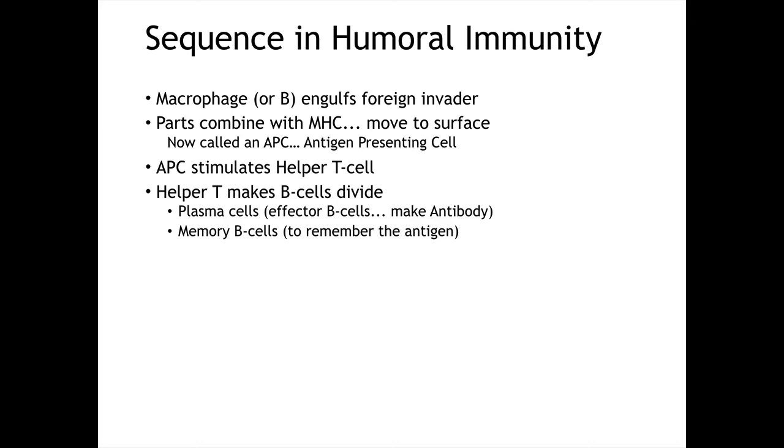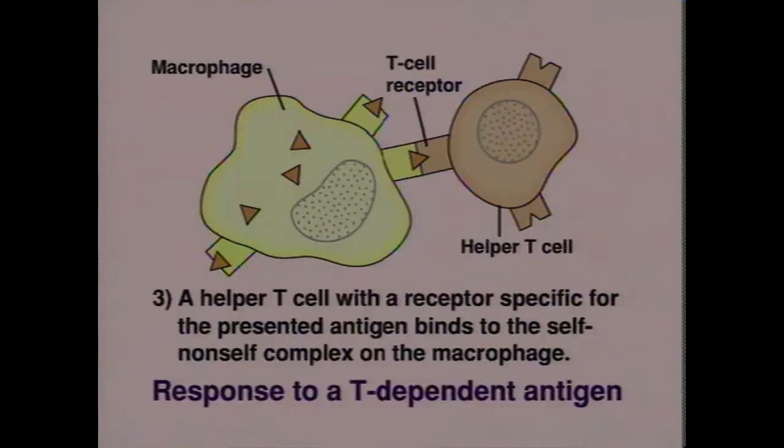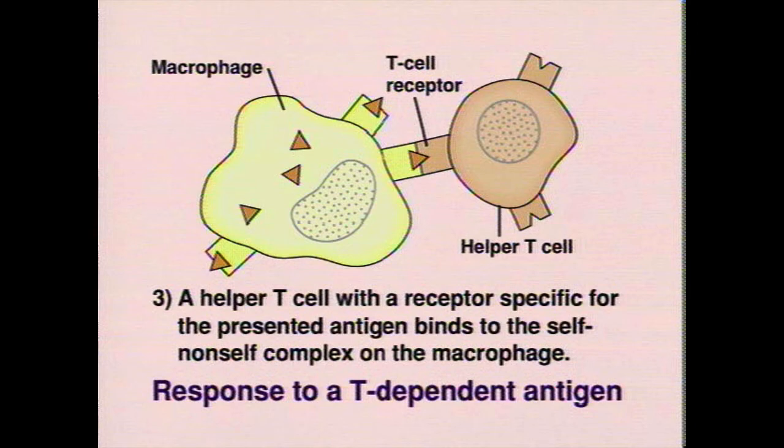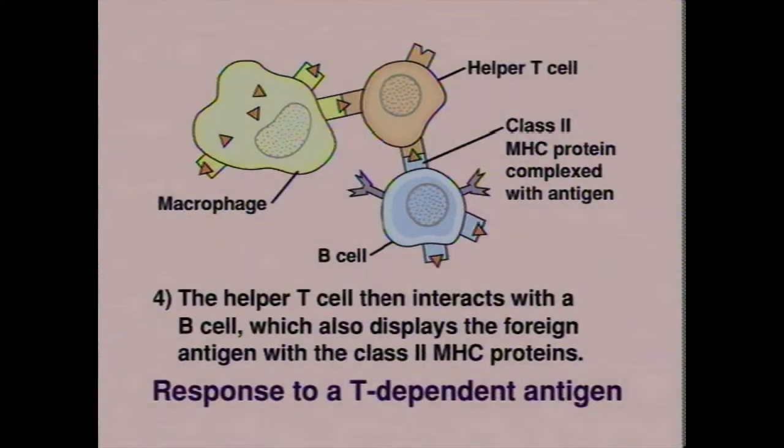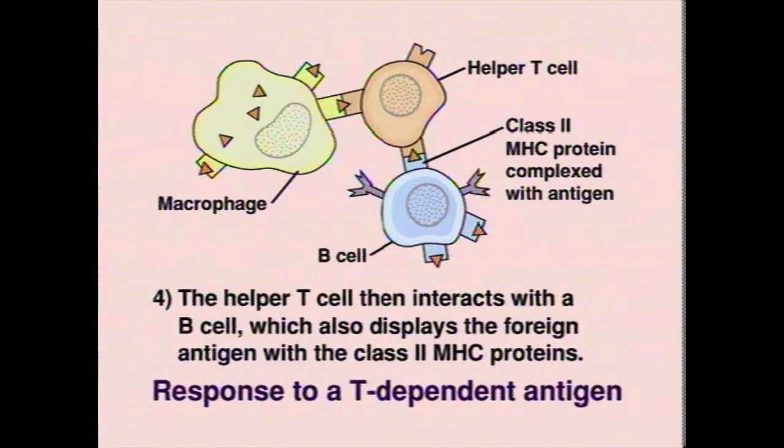Okay, what else do we want to see here? Here's a picture. We've got a macrophage binding to a helper T cell, same thing we saw before, but this time the helper T cell is going to interact with a B cell.